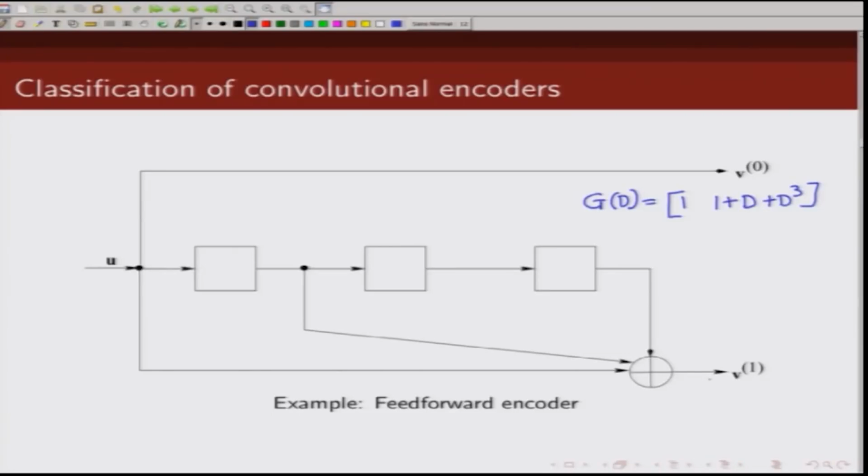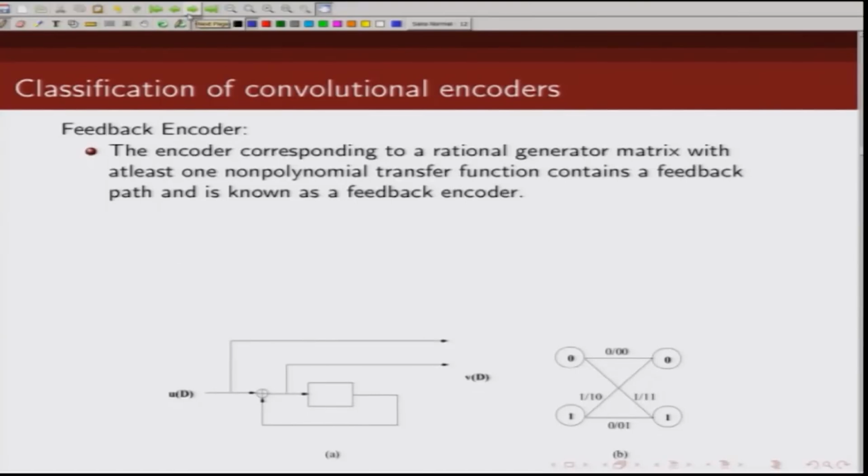Now, let us look at what we mean by a feedback encoder. As opposed to a feed forward encoder, a feedback encoder has a rational generator matrix.